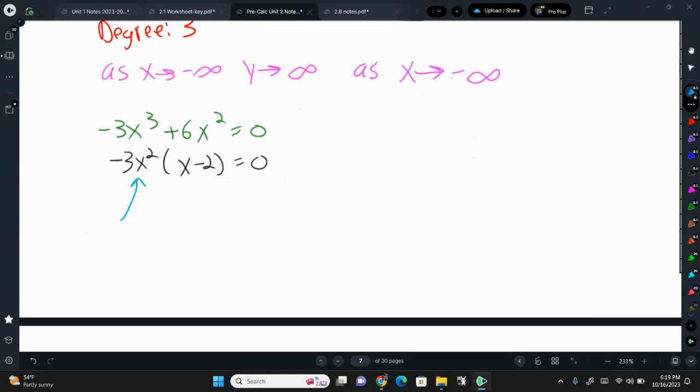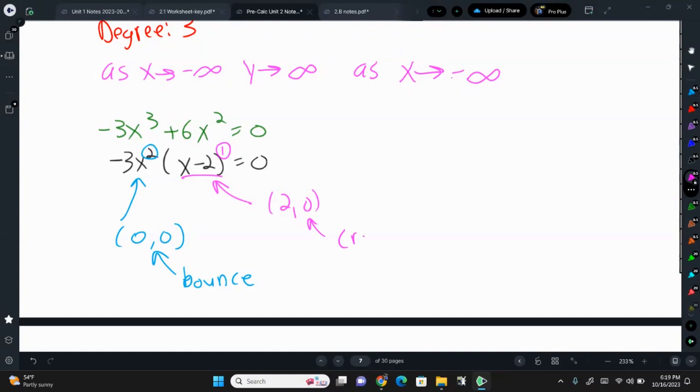That one in the front, -3x squared, because there's no plus or minus or parentheses or anything, that means it's going to be 0, 0. And that second power is an even number, so that means we are going to bounce at x equals 0. And for the pink, this one right here that I underlined in pink, 2, 0, it has an invisible 1 exponent, which is odd, so we're going to cross.